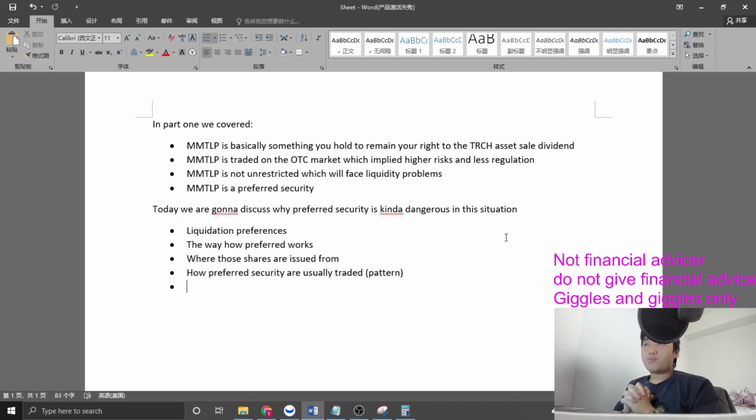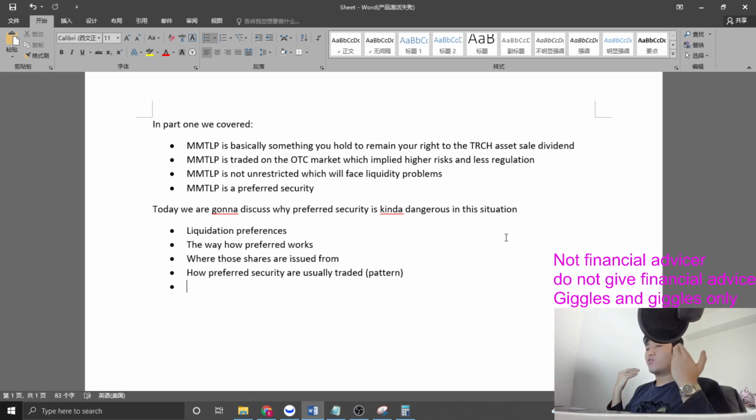So here it is. In part 1, we covered that MMTLP is basically something you hold to retain your right to the Torch asset sale dividends. We talked about when you still hold it. That means one share of MMTLP ensures you one share of the pie of how much Torchlight eventually sold their asset for.